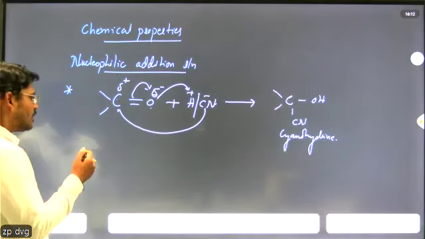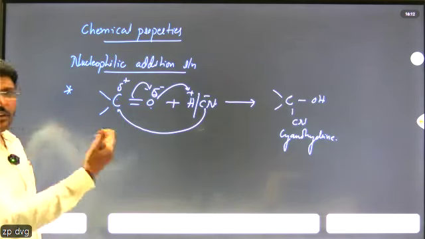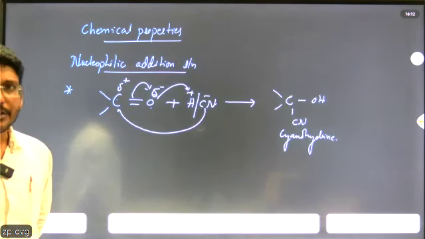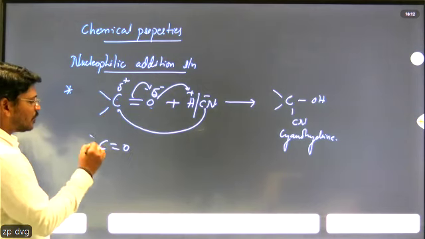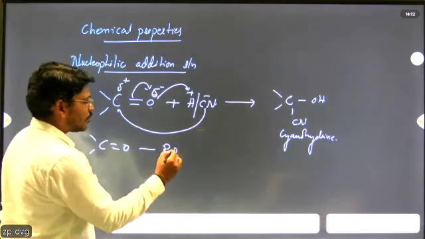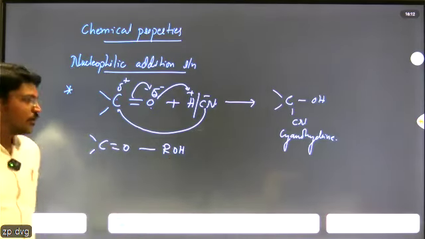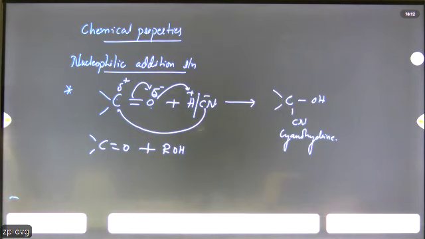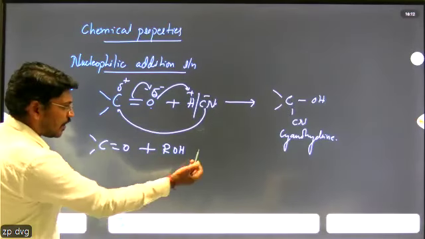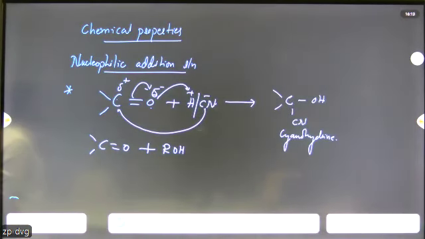In the same way, if you consider addition of alcohol, it will also take place. For the same carbonyl group, C double bond O, due to this polarity, addition of an ROH group takes place. We already know alcohol normally undergoes dissociation.